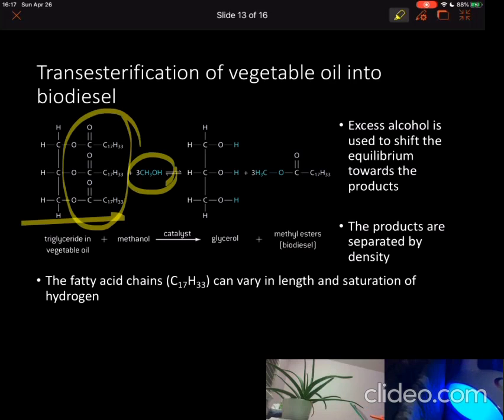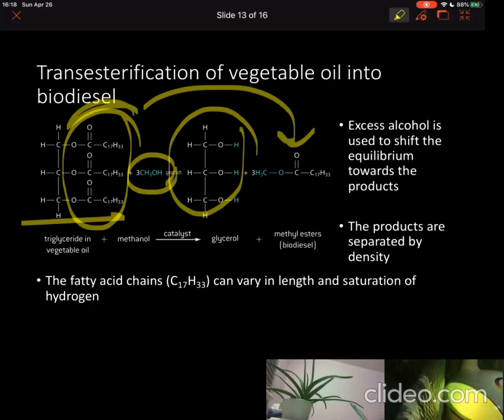And then they swap, and essentially what we've got here is 3 alcohol molecules joined together called a glycerol. And then the fatty acid and esters over here join up like this, and you end up with shorter esters. Well, methyl esters, sorry. And glycerol.